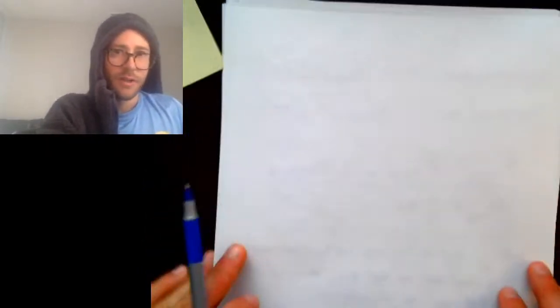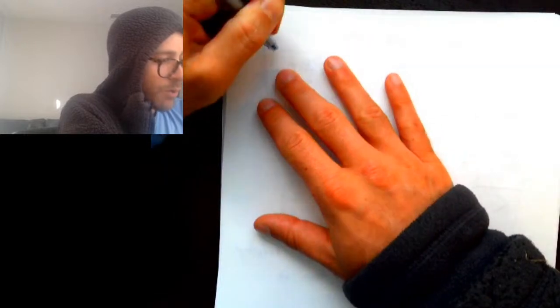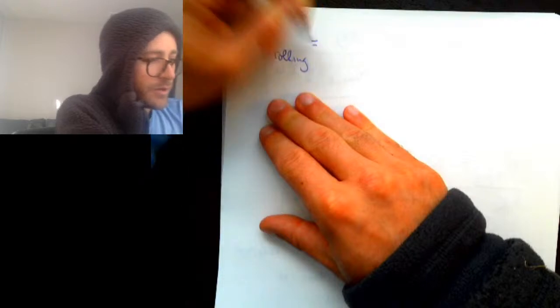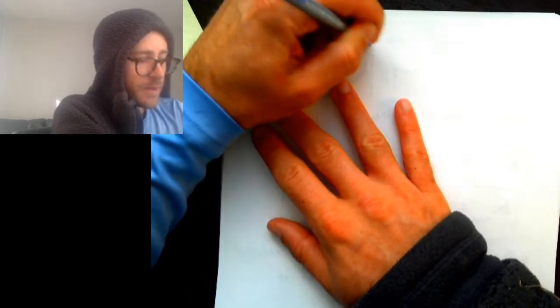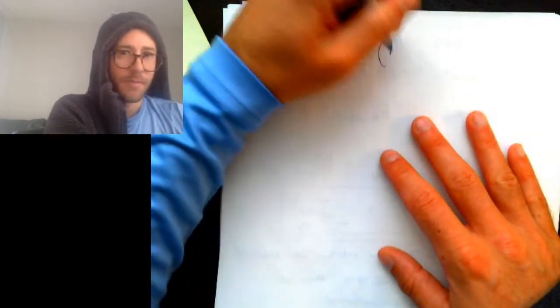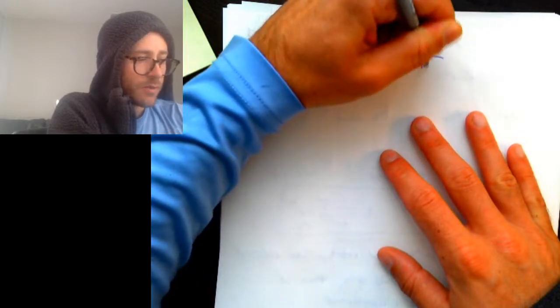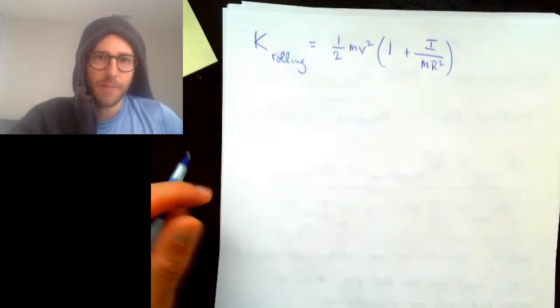So now, going to the other page, your total kinetic energy while rolling is going to be equal to 1/2 mv squared times the quantity 1 plus inertia over mr squared. Okay?